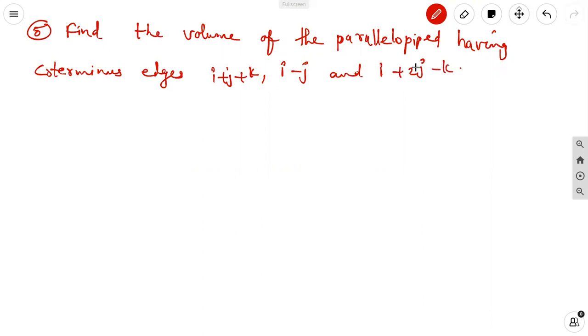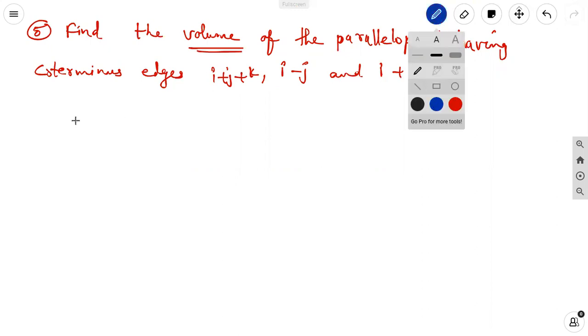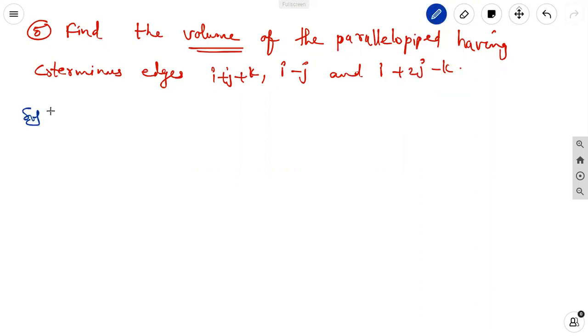Here, to find the volume of the three vectors, V is equal to the volume of ABC, that is equal to the determinant of i, j, k.